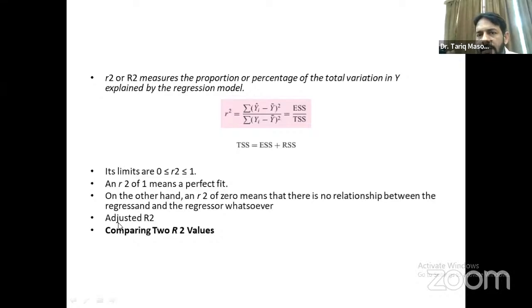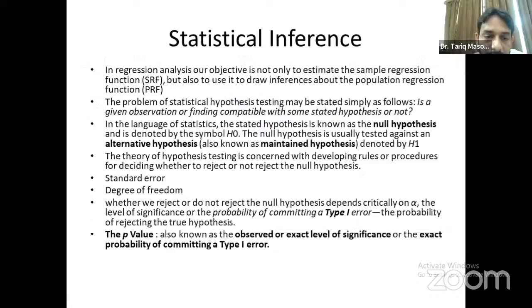If the dependent variables in two models are the same, you can compare R square. But if the dependent variables are different, suppose in one model you have the dependent variable in logarithmic form, log of y, and in the other model you have the dependent variable in raw form, y. So these two variables are different. Log of y is different from y, and you cannot use R square for judging goodness of fit. So you must keep that in mind.